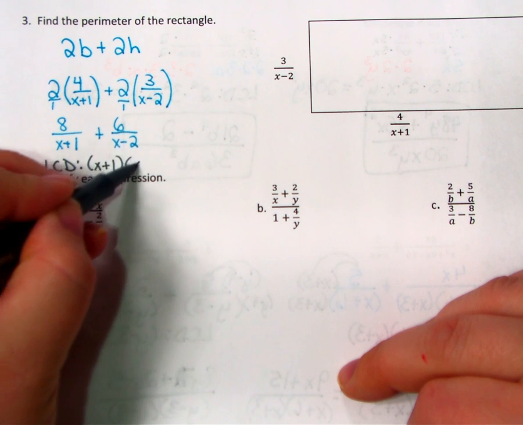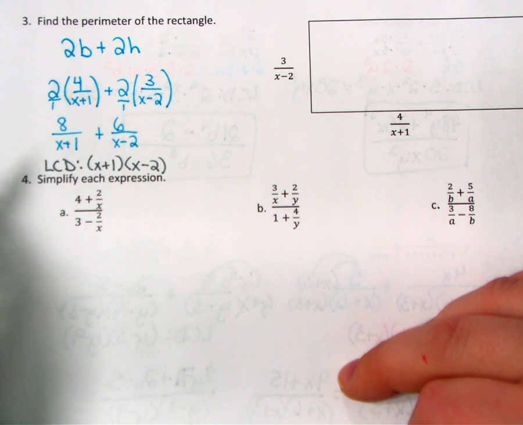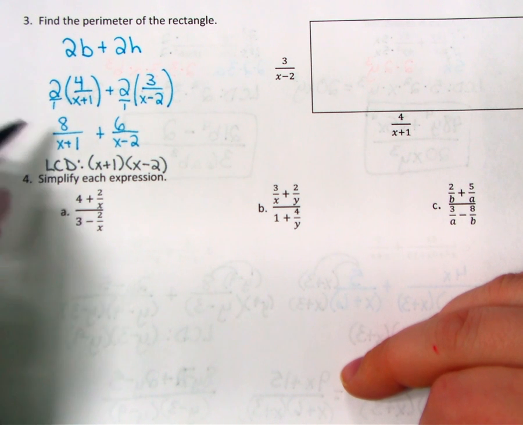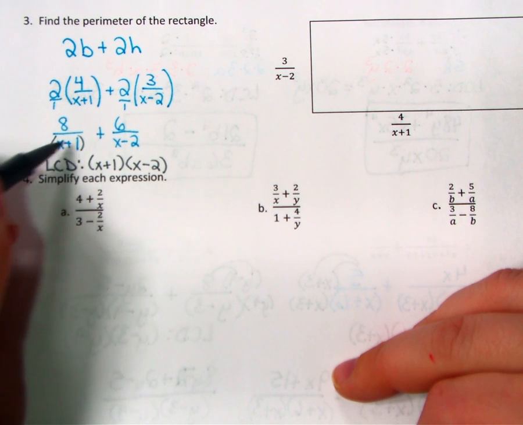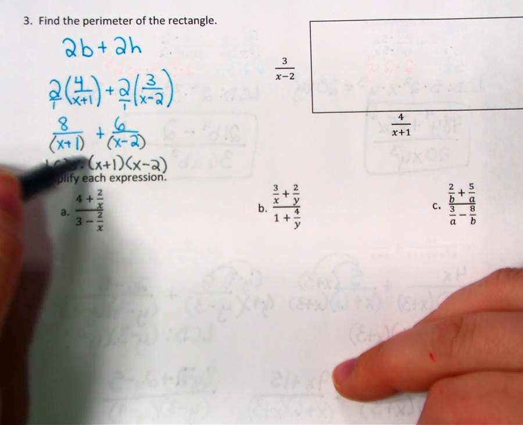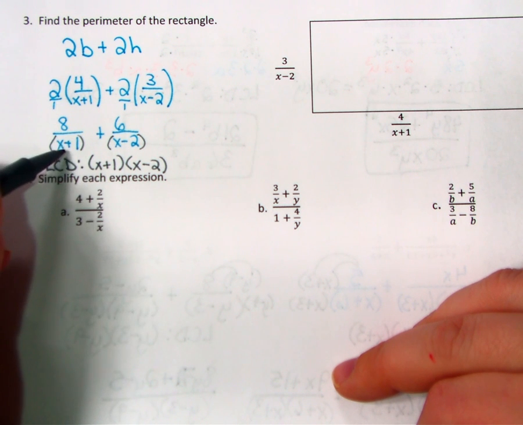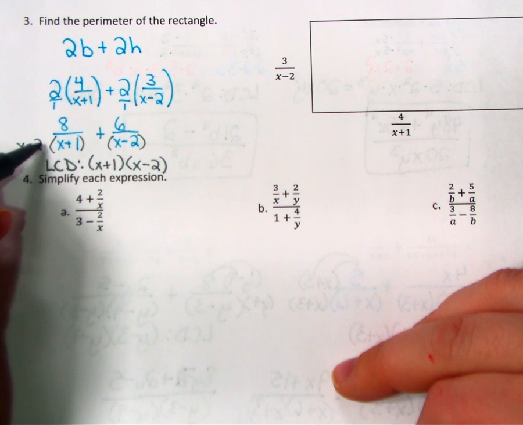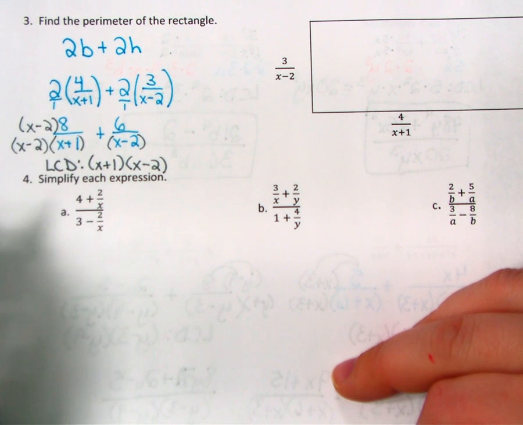This one has 1 x minus 2. So my LCD is x plus 1 times x minus 2. Now we need to figure out what's missing from each of these. This one has an x plus 1 from the LCD, but the LCD has an x minus 2 that's not included. So we're going to multiply the top and the bottom by x minus 2.